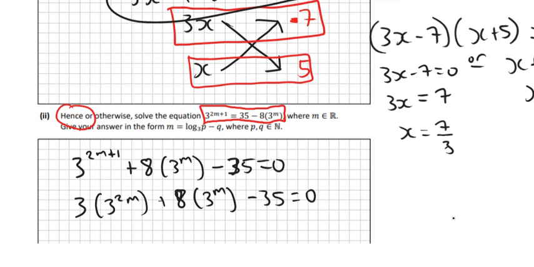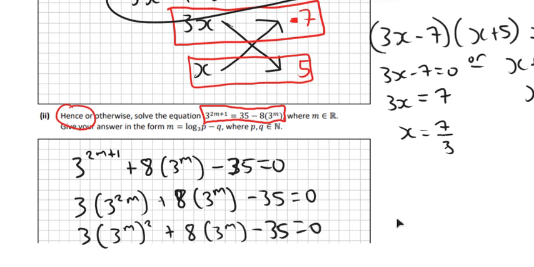And that's the same thing as 3 times (3 to the power of m) to the power of 2 plus 8 times 3 to the power of m minus 35 equals 0.